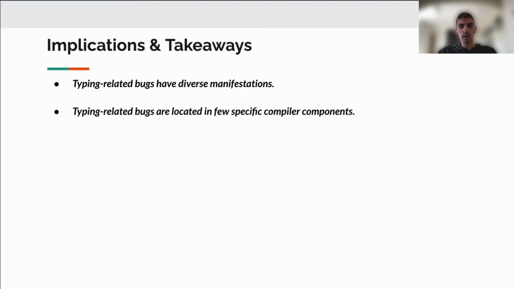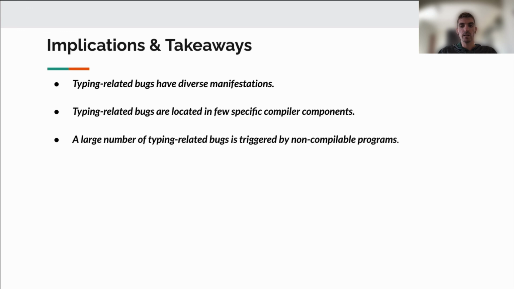Moreover, typing-related bugs are located in few specific compiler components. These buggy components are typically associated with operations on types, name resolution, semantic analysis, desugaring, or error handling and reporting. A possible direction for researchers is to introduce targeted methods for identifying bugs in these components.